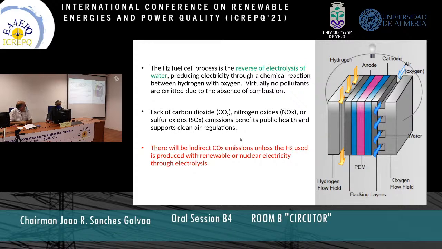One of the main advantages of this system is that there are no CO2 emissions, no NOx, nitrogen oxides, or sulfur oxides. Of course, if hydrogen comes from a source other than renewable electricity, then there will be indirect CO2 emissions.